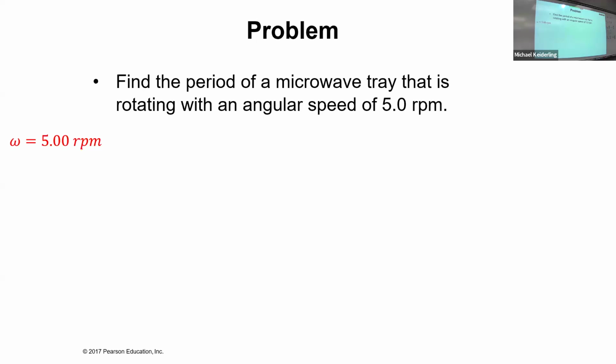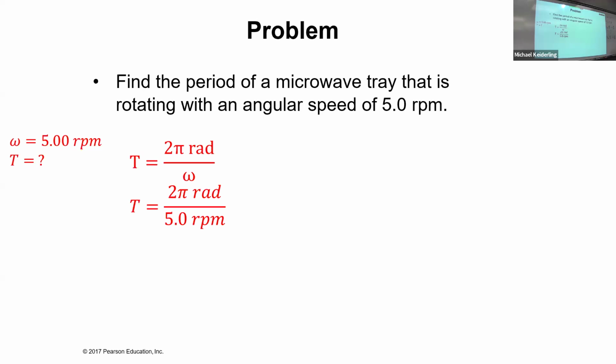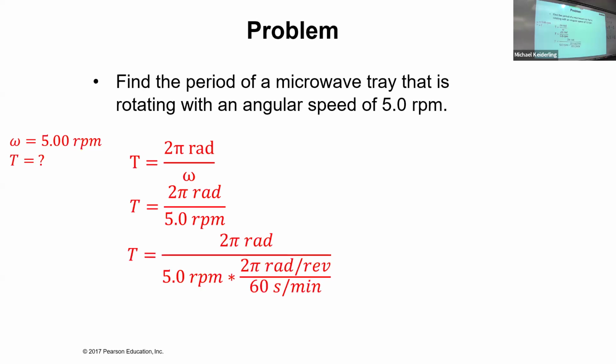Omega is 5 revolutions per minute. And we're looking for the period. The period is going to be 2 pi radians divided by omega. So 2 pi radians over 5 revolutions per minute.